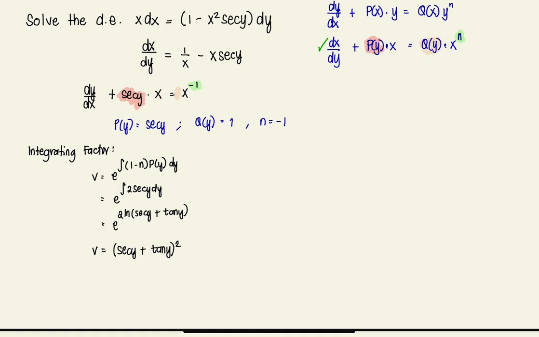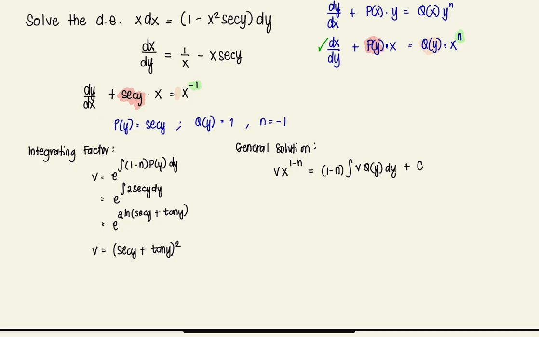Now that we have the integrating factor, we can solve for the general solution. The formula is v x raised to the power of 1 minus n equals 1 minus n times the integral of v q of y dy plus c.